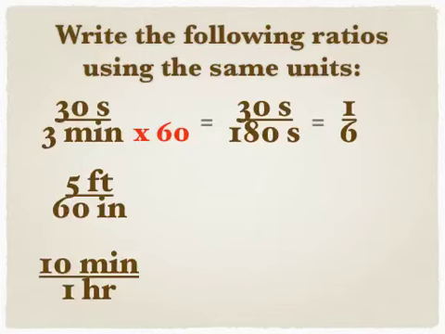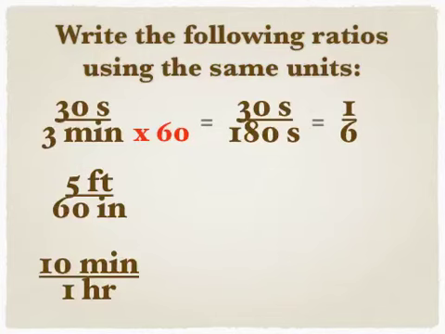The next one, we have 5 feet over 60 inches. If you'll remember, in a foot there are 12 inches. This one works really well to change units either way.